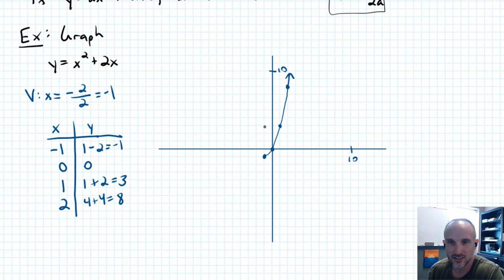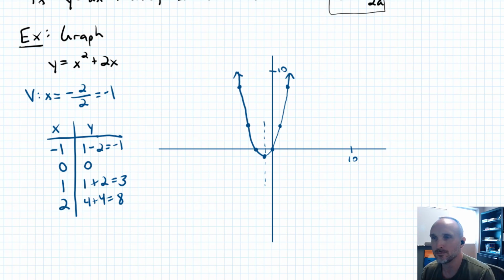And because this is the vertex, I know that across this axis of symmetry, I'm going to get points that are symmetric. And so rather than actually putting those in my XY table, I'm just using the symmetry to get the rest of my graph. And so here's the parabola for this quadratic equation in X.